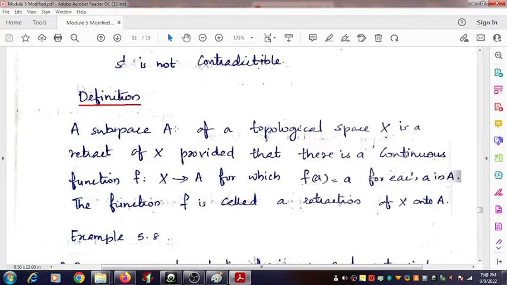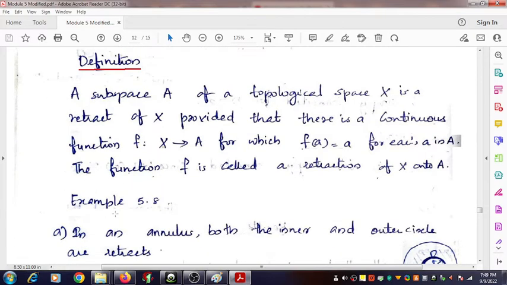We say that A is a retract of X provided that there is a continuous function f from X to A, for which f of a equals a for each a in A. That means the continuous function f fixes every point of A. The function f is then called a retraction, and the subspace A is called a retract of the space X.